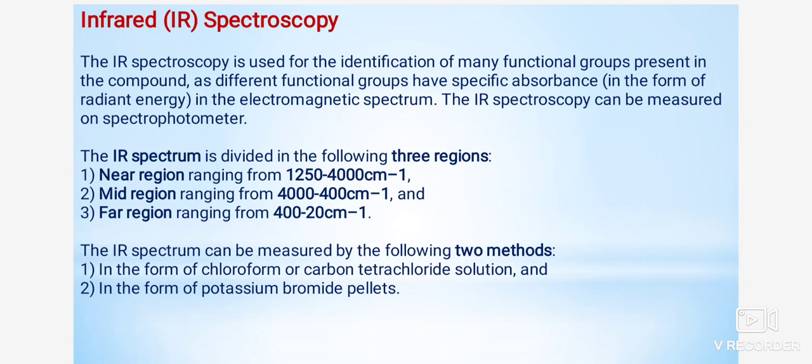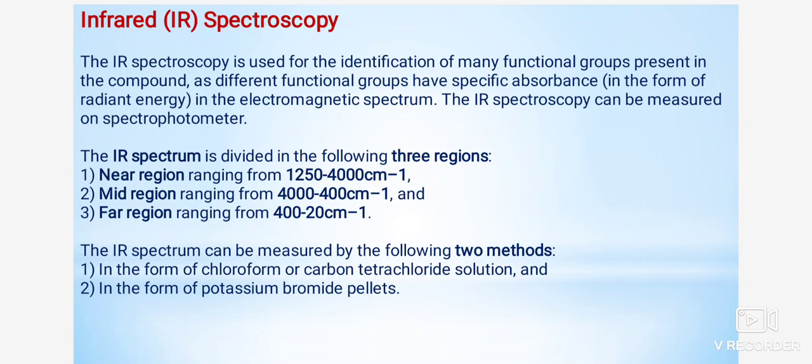The IR spectrum is divided into the following three regions: the near region ranging from 1250 to 4000 centimeter inverse, the mid region ranging from 4000 to 400 centimeter inverse, and the far region ranging from 400 to 20 centimeter inverse. These are the three regions in the IR spectrum: near, middle and far.